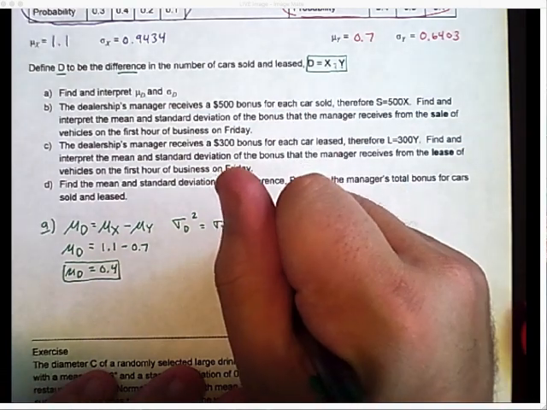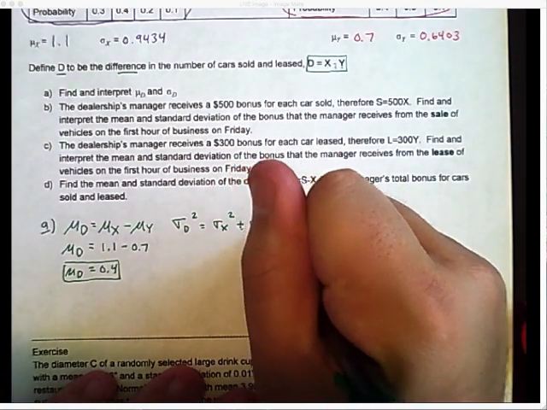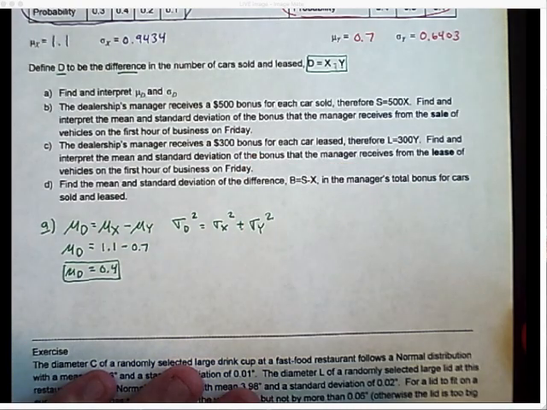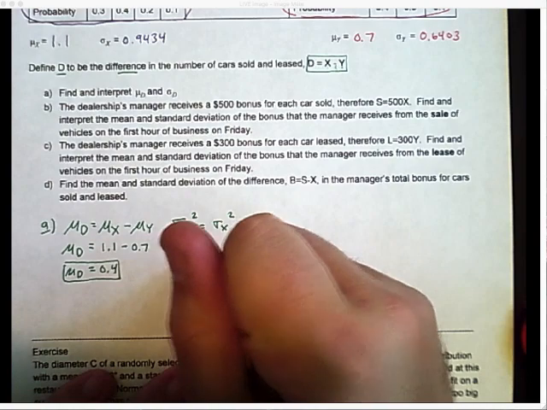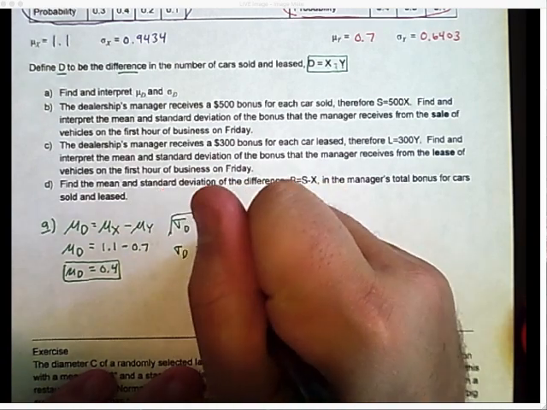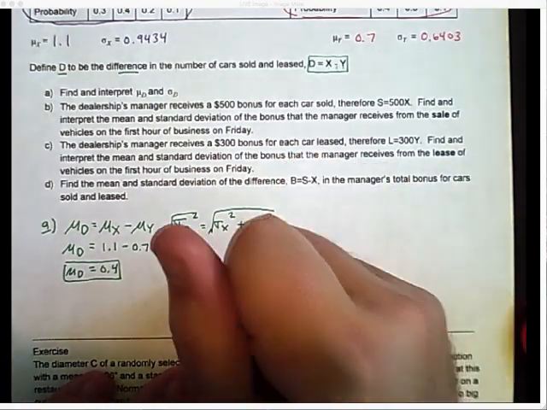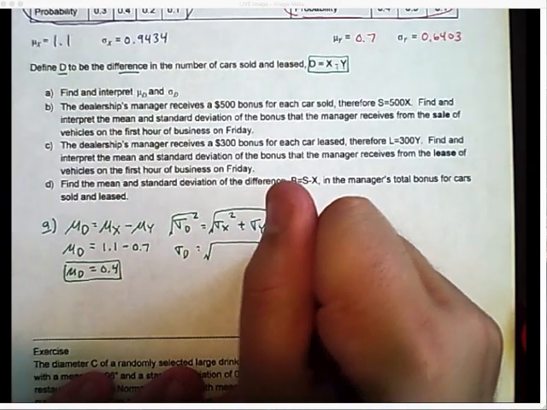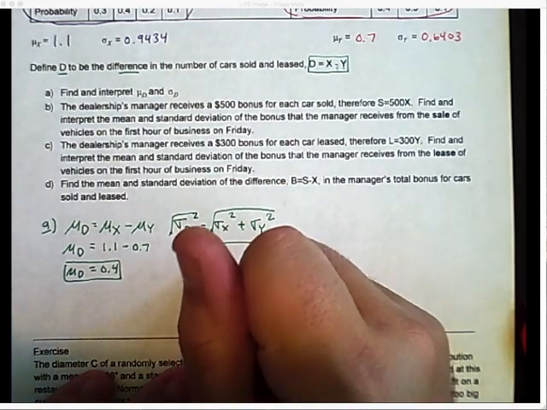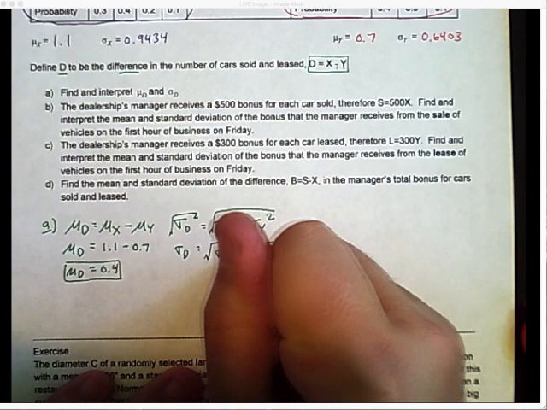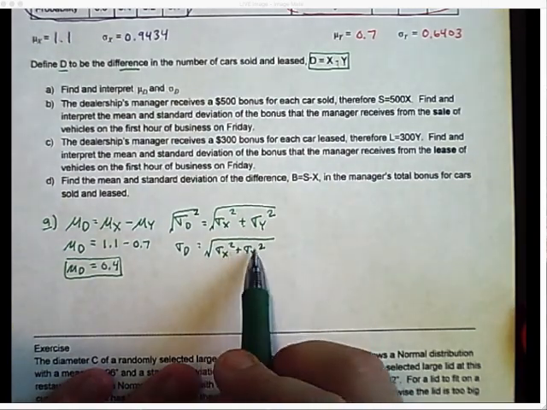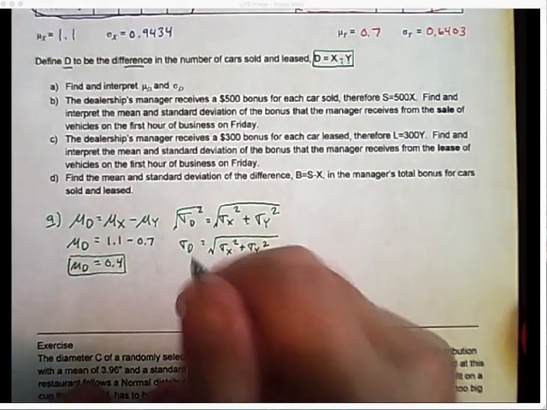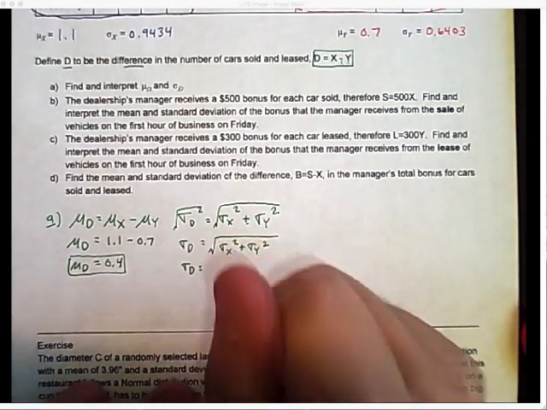We always add variances. So to figure out what sigma sub D would equal, you would have to take the square root of both sides. So that would be the square root of sigma x squared plus sigma y squared. Don't try to break these up individually. You're not allowed to do that.